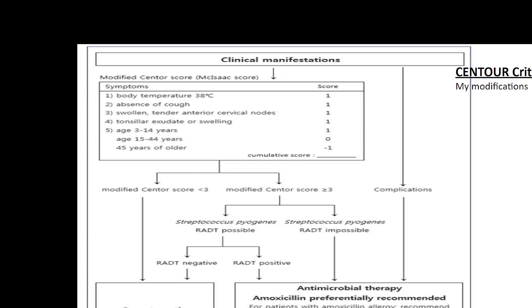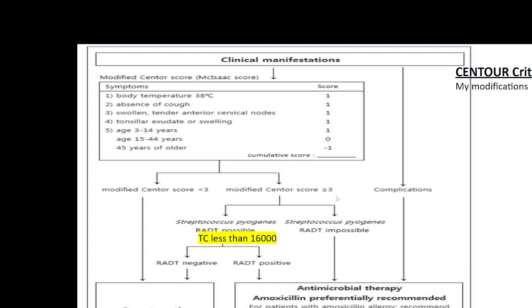Age of 45 years or older is a score of -1. If you make out the cumulative score, and it is less than 3, then the suggested treatment is symptomatic. Less than 3 is simple, where you give Mrityunjaya, Triphala, and that would be the management.